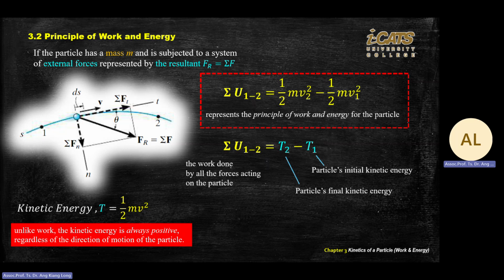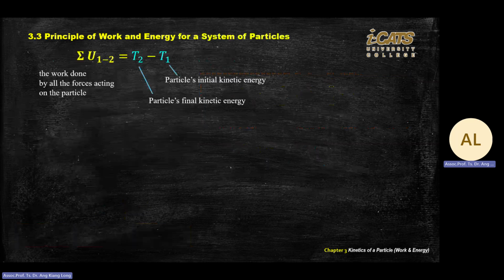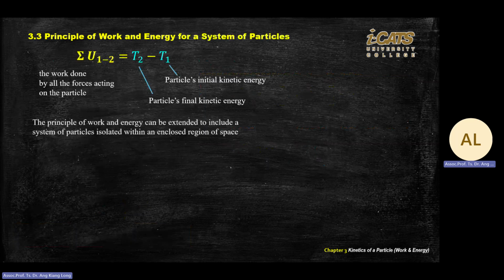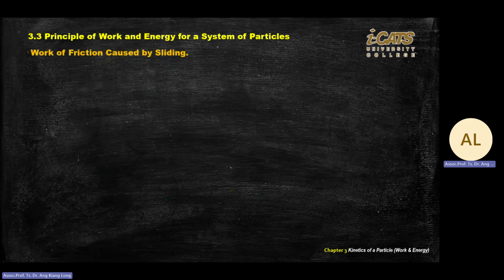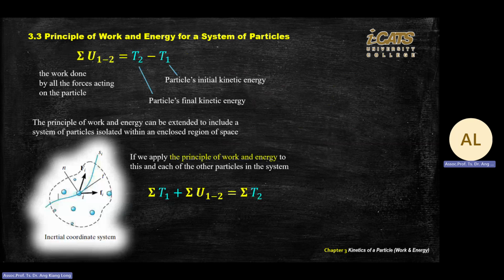Okay, this is for the second section. The rest you read, and you can rearrange the equation depending on what you want to find, but it's still the same thing. Now this is the general principle of work and energy.